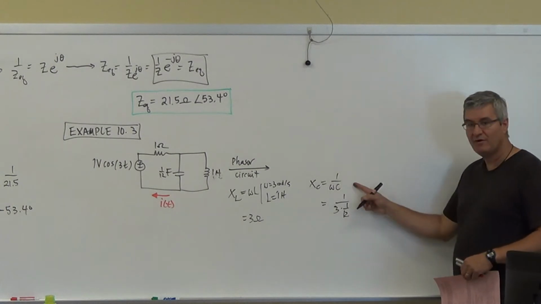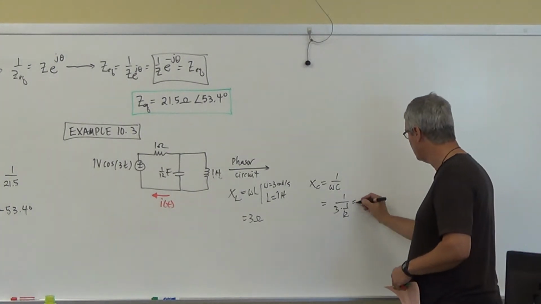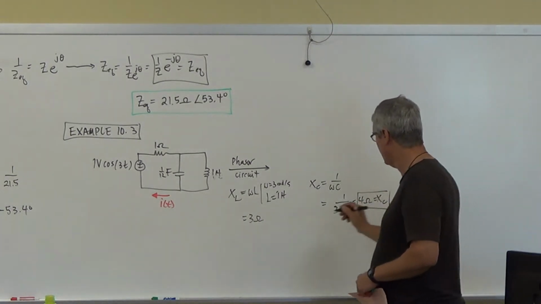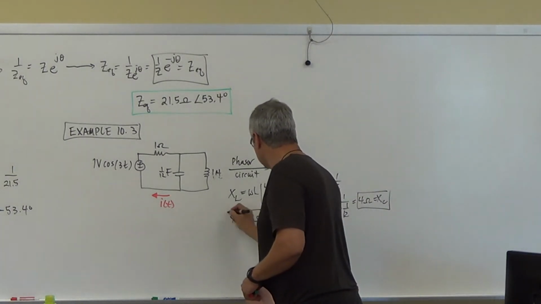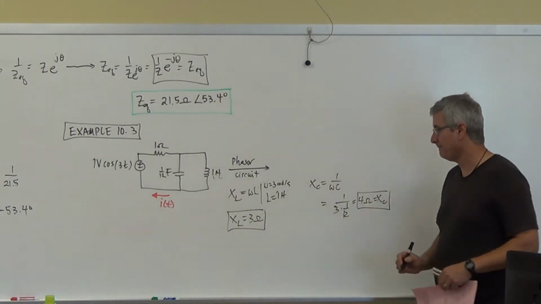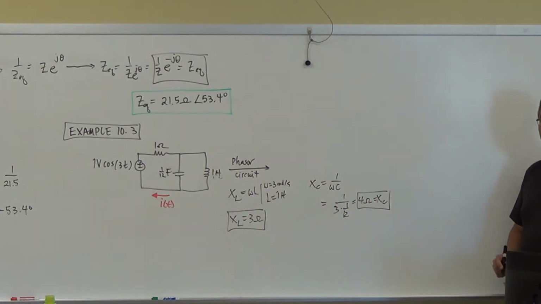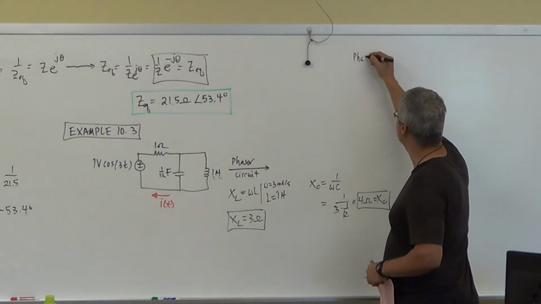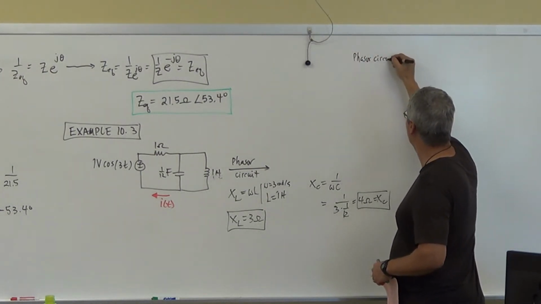So if I bring the 12 up to the top, I'm going to get 4 ohms for XC and 3 for XL. What does my phasor circuit look like now? In phasor form, it goes like this. So now, here's my phasor circuit.